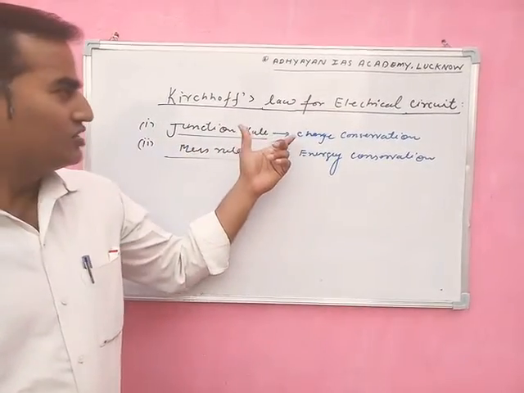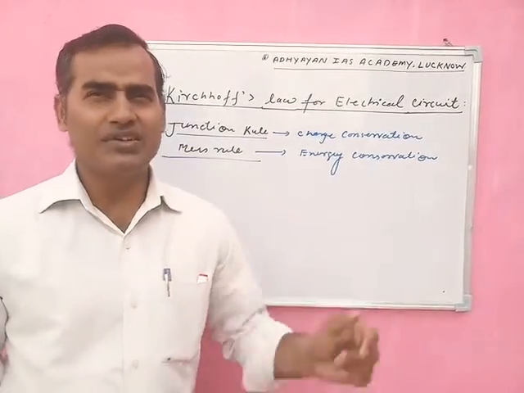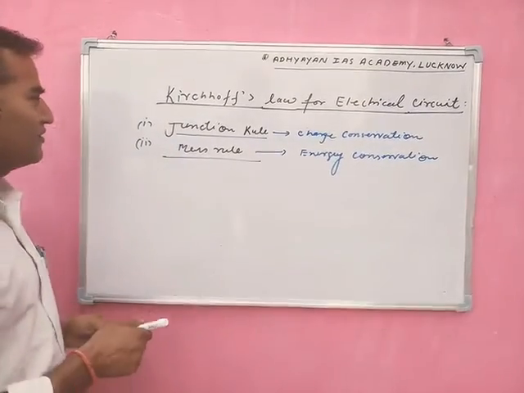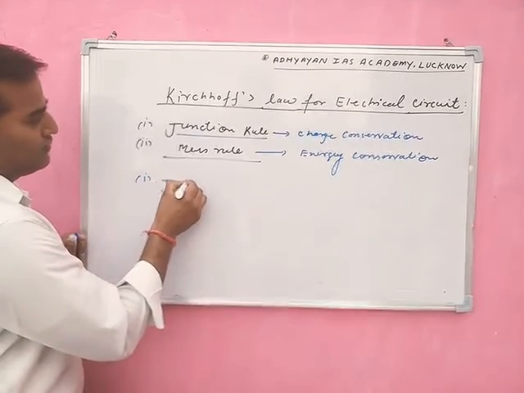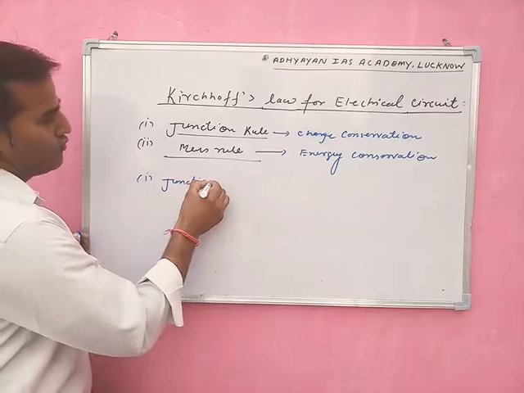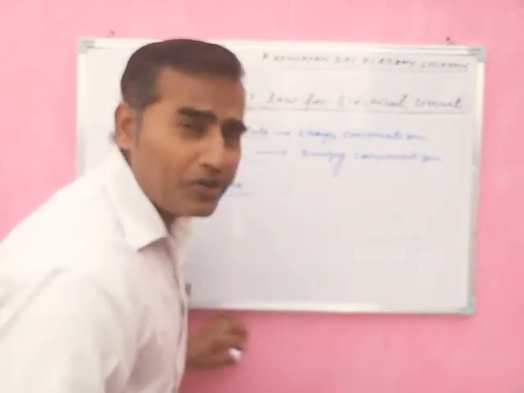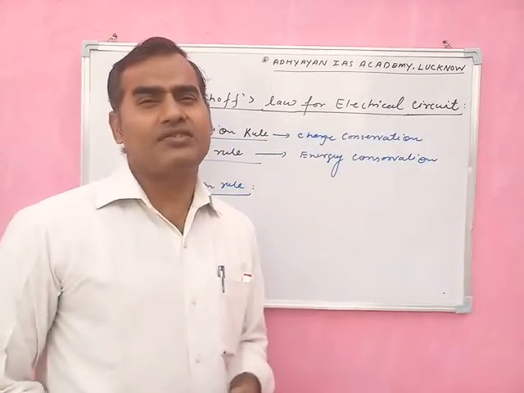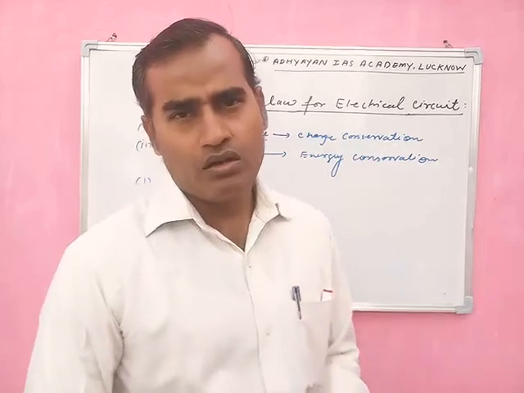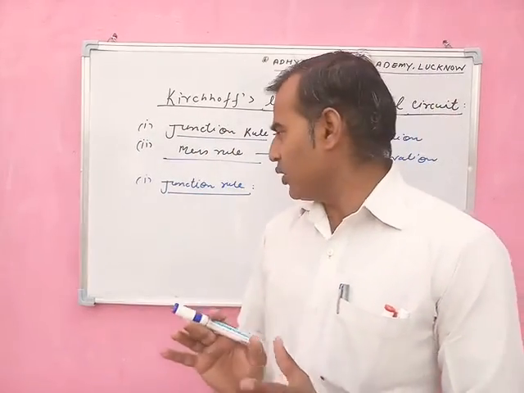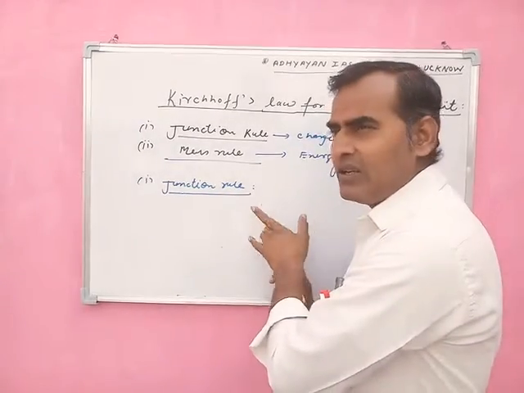So the junction rule is based on charge conservation, and the mesh rule on energy conservation. We discuss the first rule, the junction rule. According to this rule, the sum of currents at any junction will be zero.